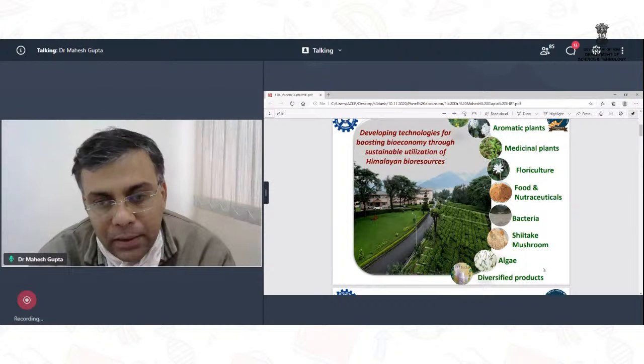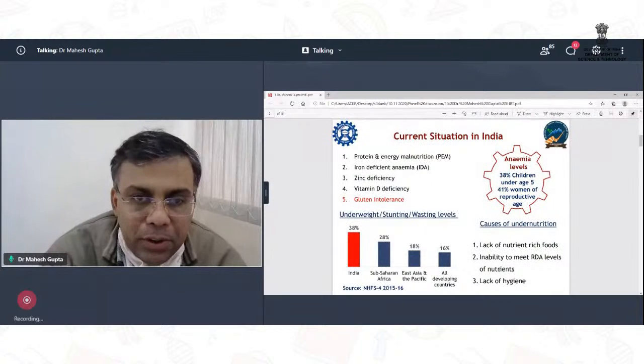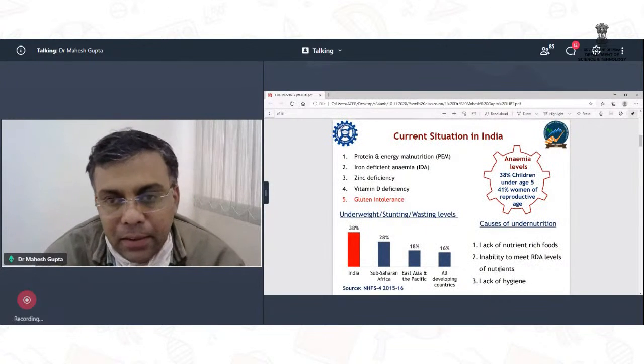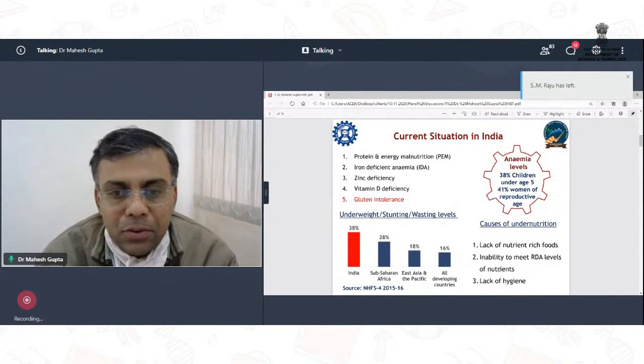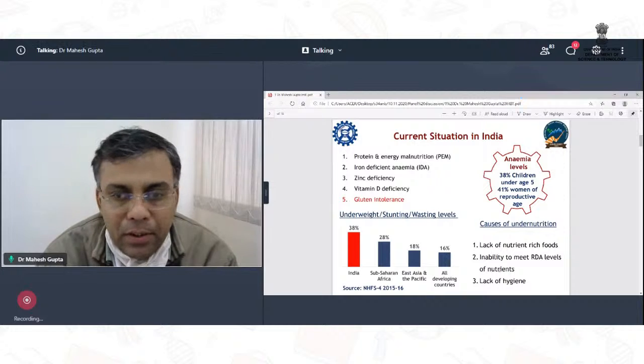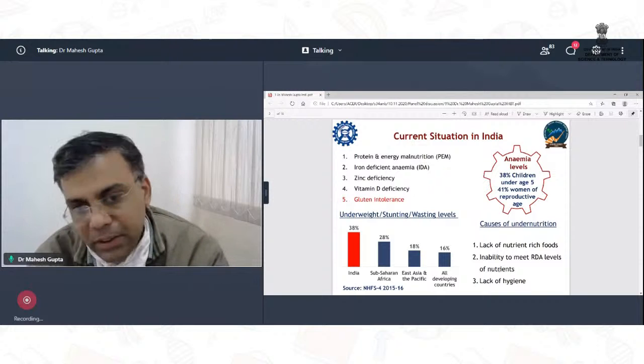Next slide, please. In the current situation, we have seen protein, iron, zinc, and vitamin D deficiency. There are a lot of sources available in the niche of the Himalaya which can be utilized for the development of various new technologies and products.